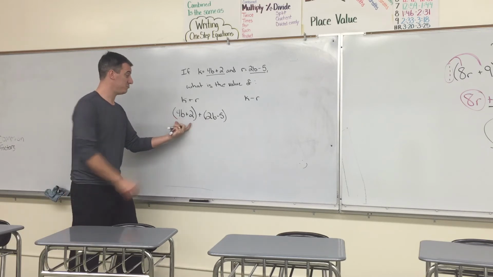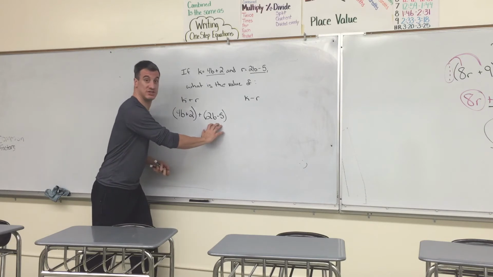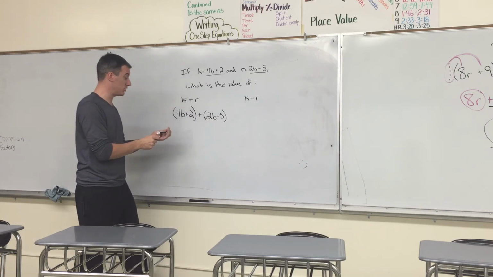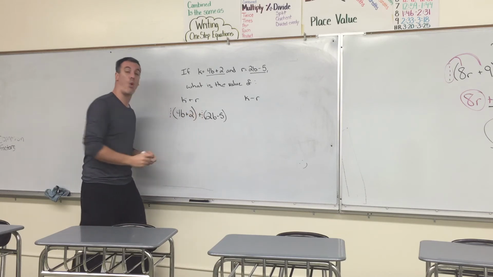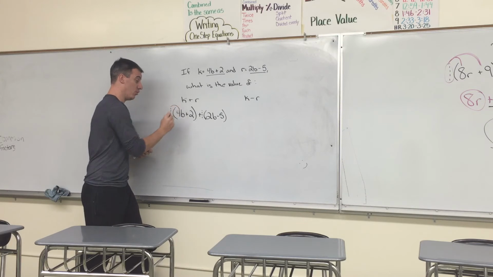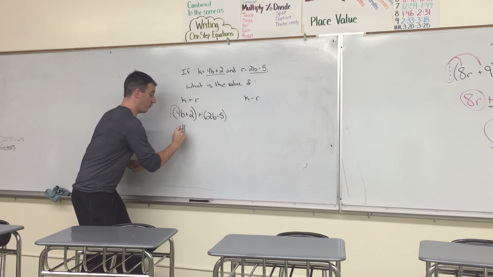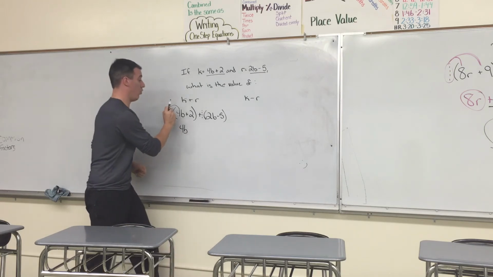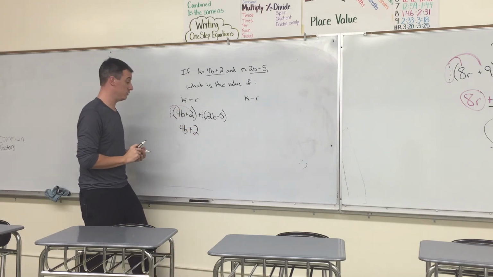I look within, there's no like terms in this first one, no like terms in this second one, so now I'm just going to go through and still that idea that there's this 1 outside that parenthesis that's going to be distributed. 1 times 4b is 4b. 1 times positive 2 is positive 2.